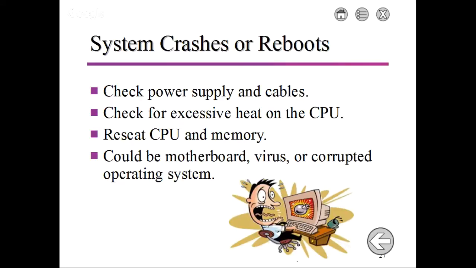Everything looks okay, programs run, the operating system seems normal, and then all of a sudden it crashes. Oh no! Those are some of the more frustrating problems that happen with computers. They can come at any time. You can't always predict them.